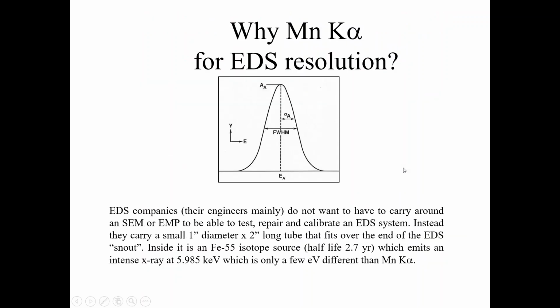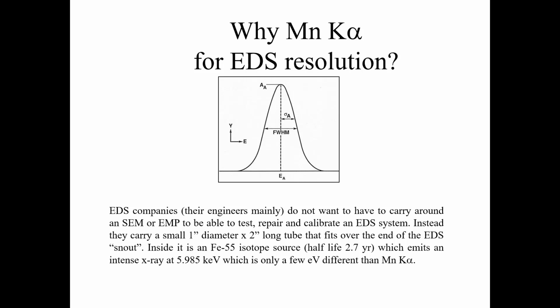So why manganese K alpha for EDS resolution? We remember the EDS companies or their engineers mainly do not want to carry around an SEM or EMP to be able to test, repair, and calibrate an EDS system. So instead, they carry a small tube, 1 inch in diameter and 2 inches long, that fits over the end of the EDS snout.